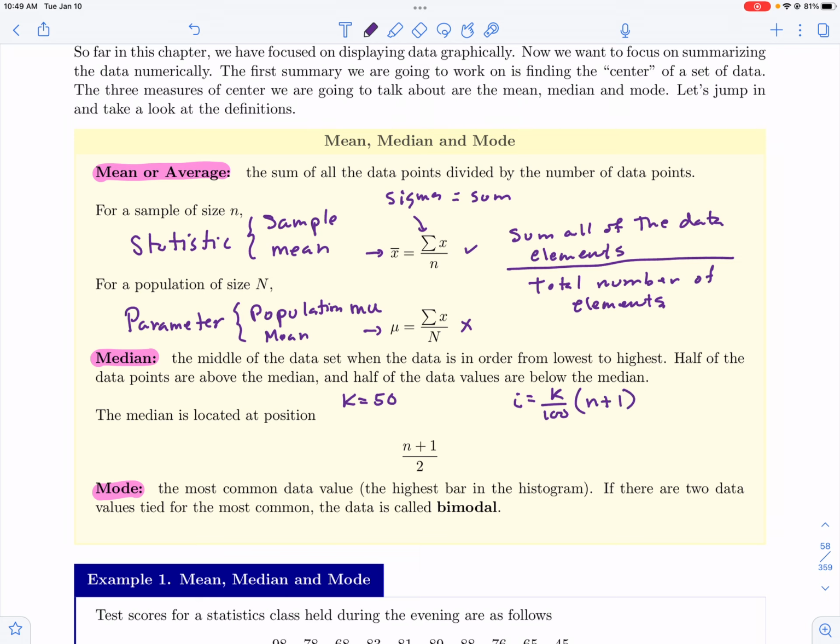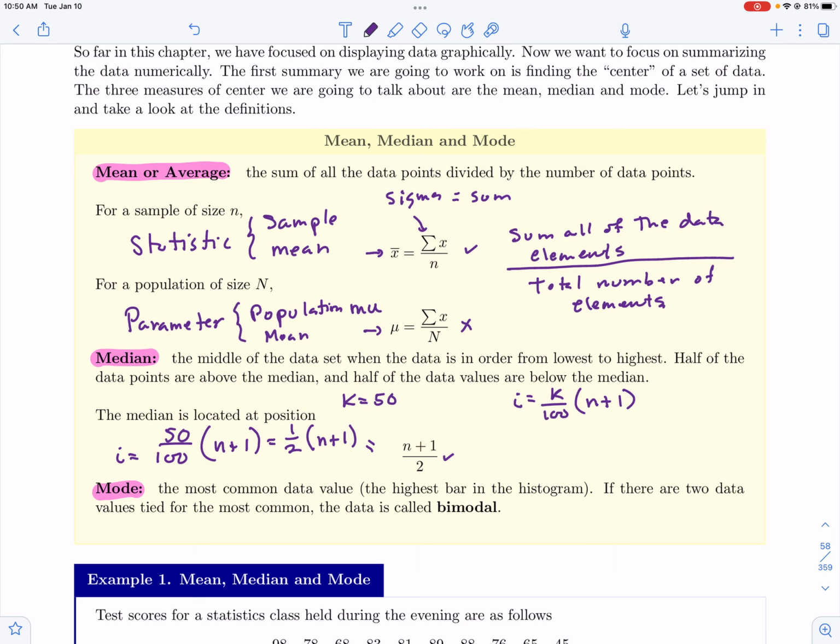If we substitute 50 for k, we get 50 over 100 times n plus 1. But 50 over 100 is the same thing as 1/2, so 1/2 times n plus 1, which gives us the following formula. This just gives us a nice, quick shorthand way to calculate where that index is.